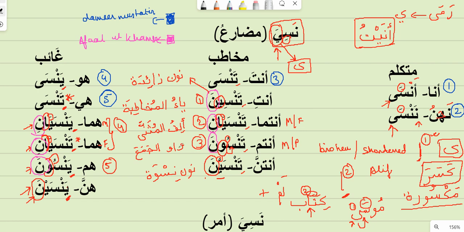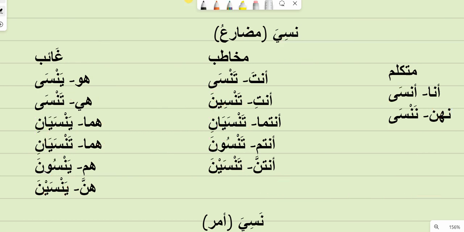Now I have covered each and every small detailing, the damirs, the name of the damirs in this present tense. I hope it is clear. Now let's move on to the amr form. So let's see in the amr form.